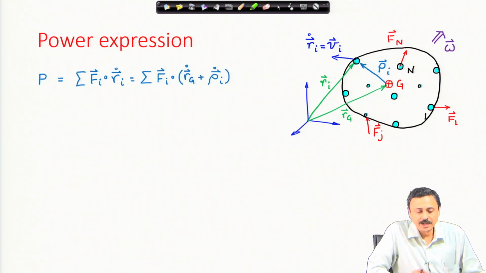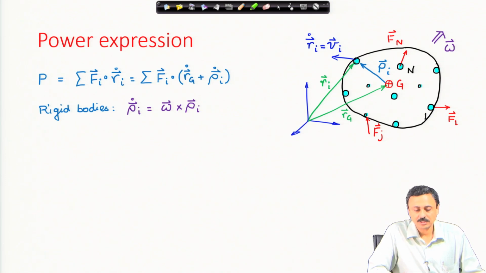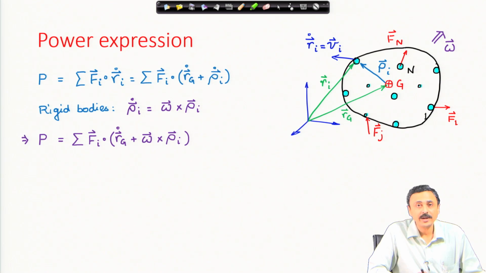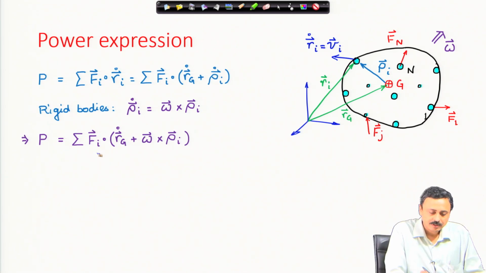Now, the power expression we had written like this: force times velocity, force dot velocity vector, and when I write Ri dot in terms of the velocity of center of mass and the relative velocity, for the rigid bodies, as you know, the relative velocity is omega cross the relative vector rho I, and if you substitute these things in the power expression as I have done here, the first term, when I open these brackets, it will be only summation of Fi, because Rg has nothing to do with the summation.